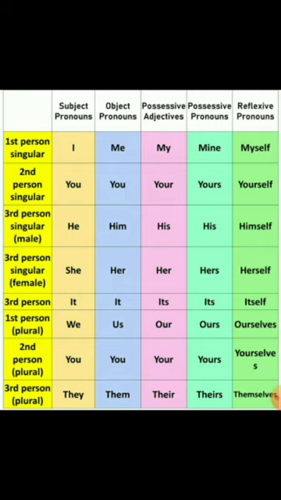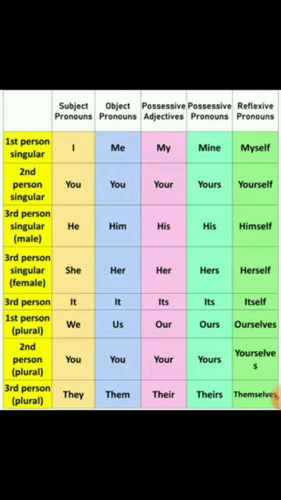We have already studied the first person, second person, and third person: first person singular, plural, second person singular, plural, third person singular, plural. That is I, we, you, he, she, it, they. These are the personal pronouns, and they are used to replace common and proper nouns.